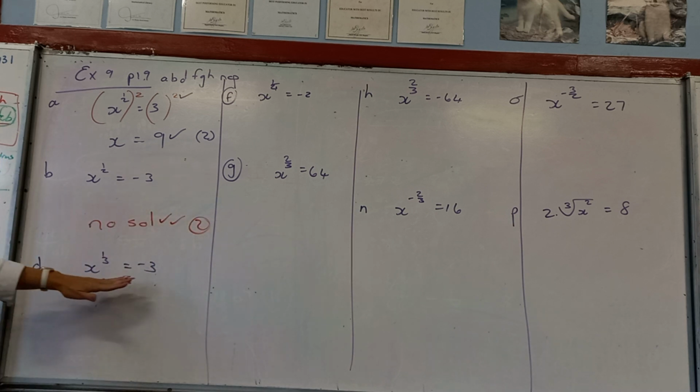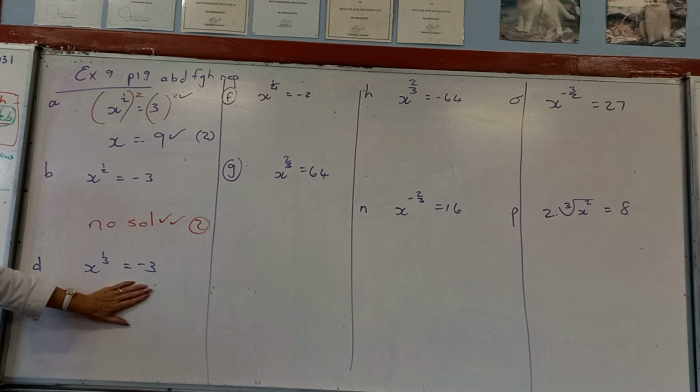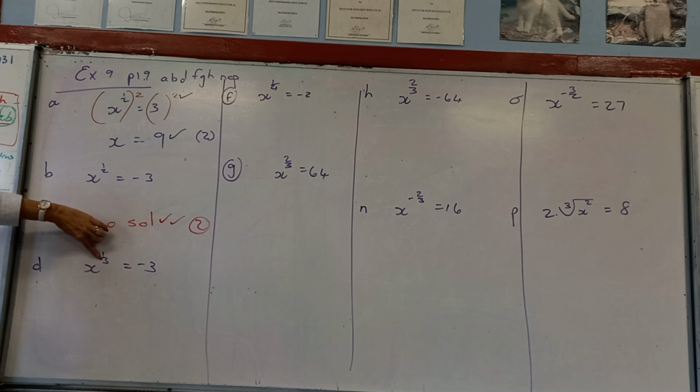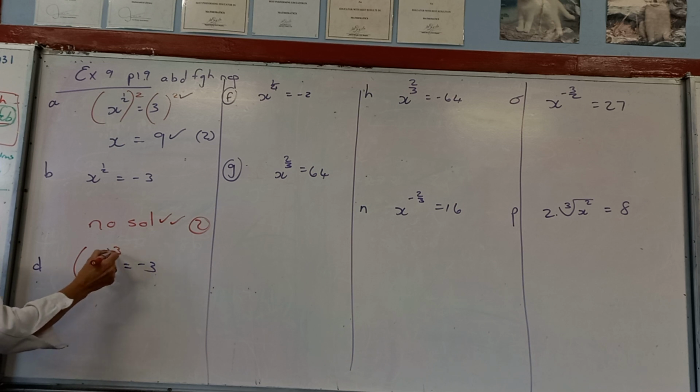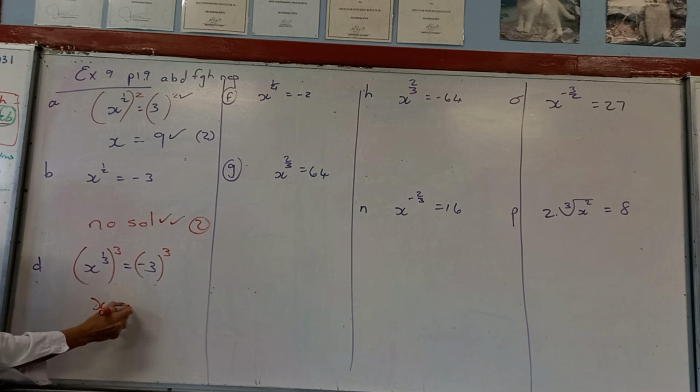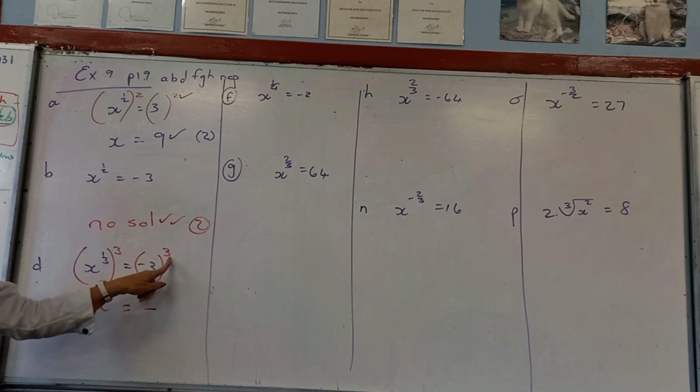Right. What am I going to do here? No solution? No, there is a solution. Why? Because an odd, or uneven, root can have a negative answer. That's okay. I'll still raise both sides to the power of 3, and it'll give me x to the 1 is equal to negative, because to the power of 3 is an uneven amount of negatives.